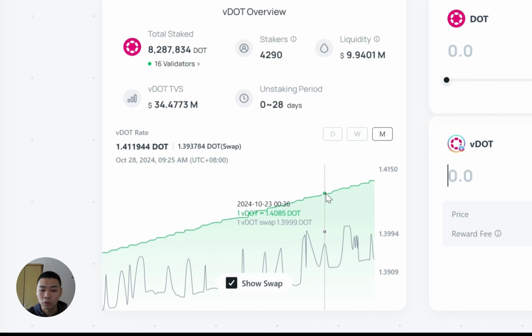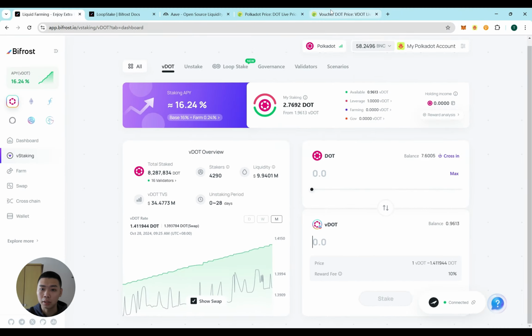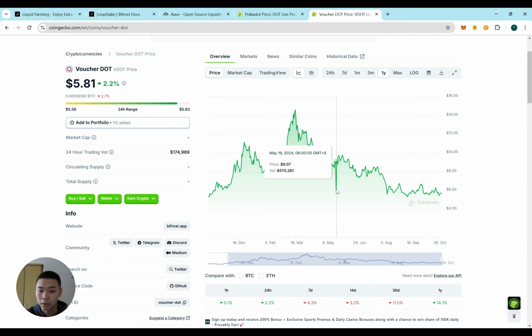And what arbitrageurs are doing is purchasing the discounted vDOT at this point, and then they redeem at the exchange rate to DOT, and they get the vDOT arbitrage profit from it. So that's the strategy for the arbitrageurs. That's also the reason why the price of vDOT is back on track in several hours.